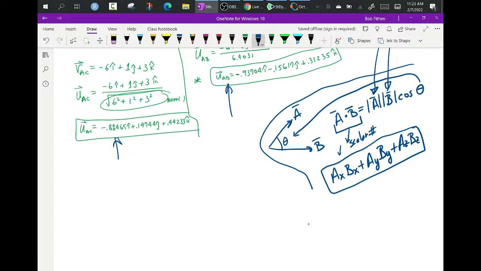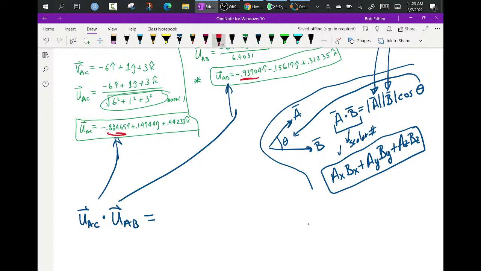I'm going to dot it on the page, and then I'm going to go to MATLAB and let it dot it. So if I'm going to say UAC, which is that one, dotted with UAB, which is that one, then I'm going to grab the X component first. I'm not going to multiply them out, but I'm going to write them.